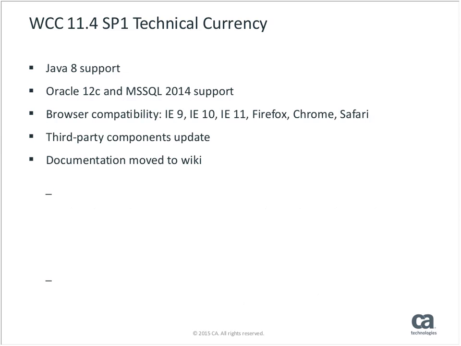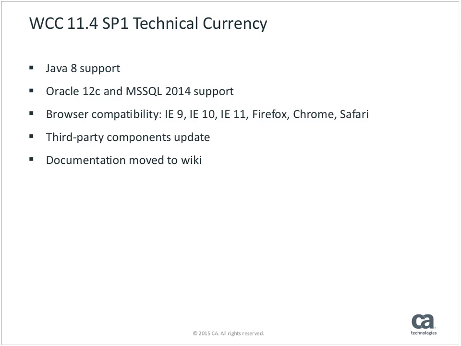Another thing that was done is Java 8 support. There is one exception for Solaris: there is no Java 8 for 32-bit Solaris machines, so we couldn't introduce it for Solaris.